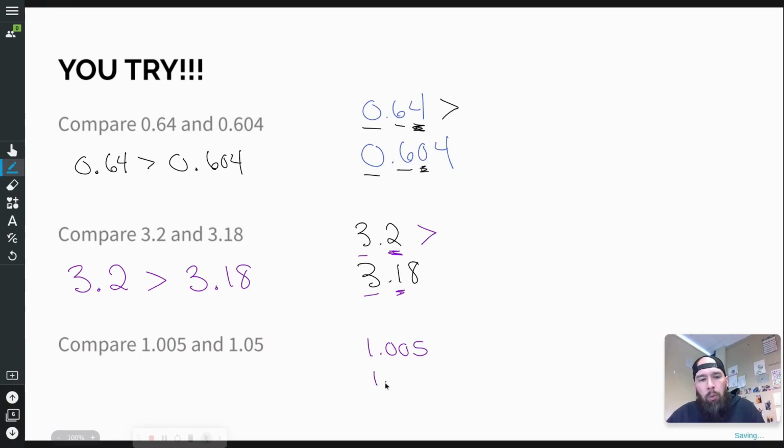1.005 line up with 1.05. Okay. 1's are the same. 0's are the same. This 0 and that 5 are not. 0 is less than 5, so you're going to get a less than symbol. So 1 and 5 thousandths is going to be less than 1 and 5 hundredths.